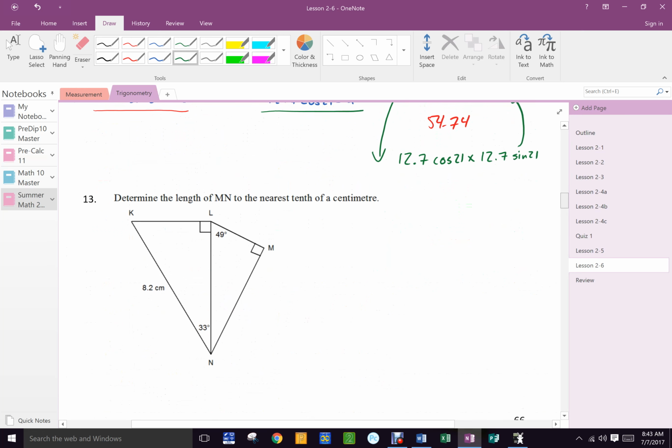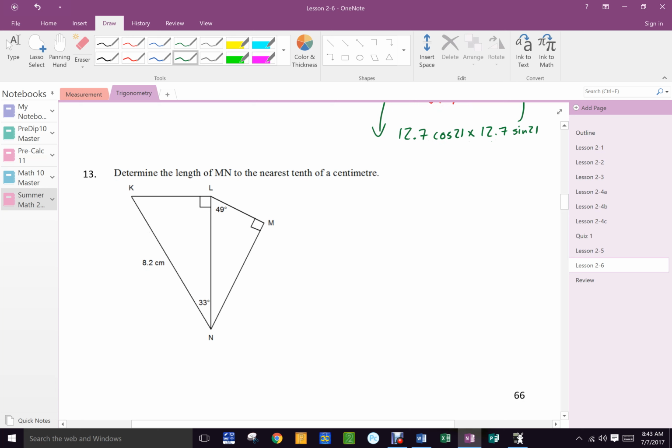And this is where I'm going to stop on number 13 and let you guys either practice some trig or prepare for your test. But we're going to do number 13. I want to find the length of MN. Where is MN? It's on the far right.